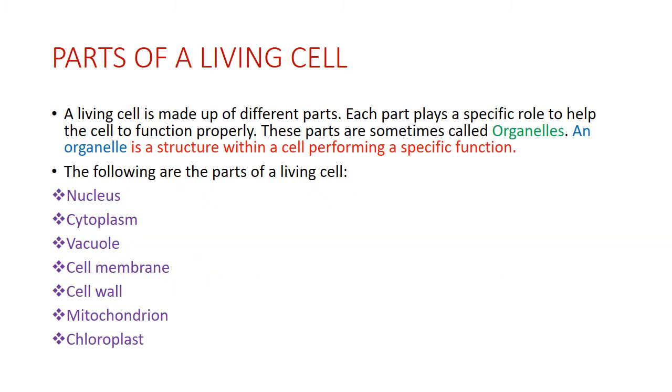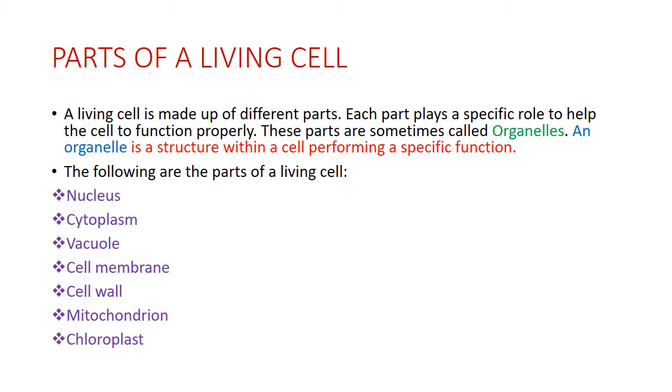Now let's look at the parts. If you take a particular living cell, what are the things inside? Obviously, these are very small, so you cannot get the details of a cell by using your naked eye. As I said before, you can't see a cell with your naked eye. You need a microscope to see a cell and even see the individual components inside the cell.